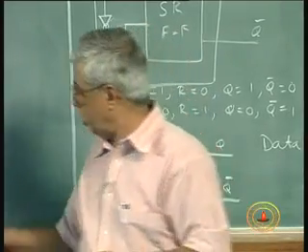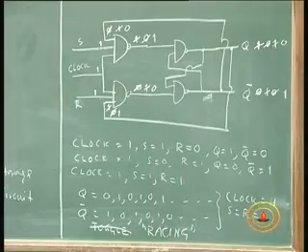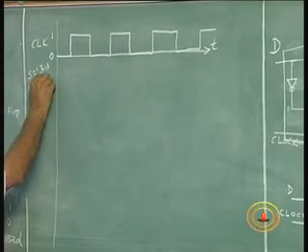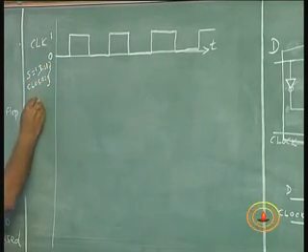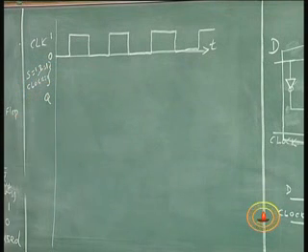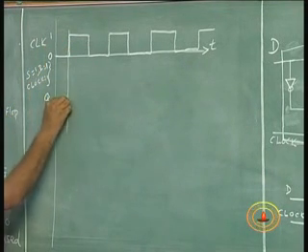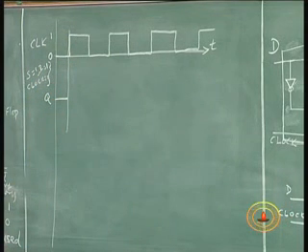So, if we want to draw the waveform for this, the output of the flip-flop with S equal to 1, R equal to 1, clock equal to 1. Under that condition, I am drawing the waveform for Q. When the clock is 0, there is no problem. The output remains, let us say, 0. It could be 1. It's a memory state.